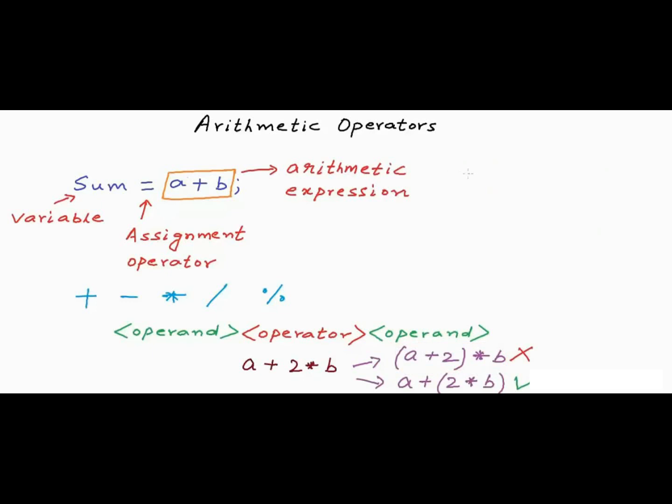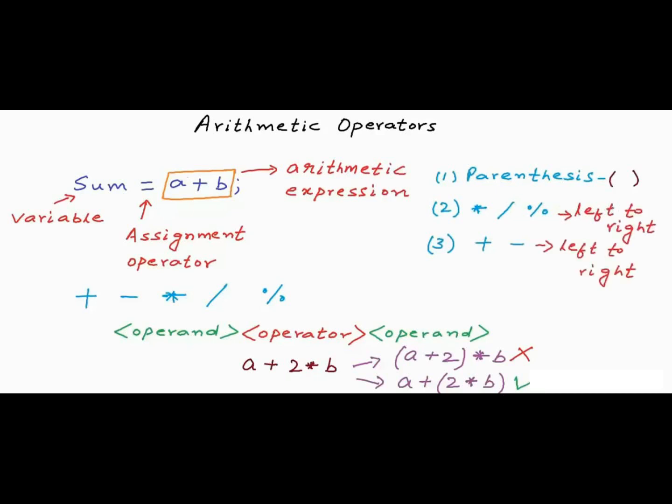In an arithmetic expression, first preference is given to parentheses. Next in priority are multiplication, division and modulo, and then come addition and subtraction. If there are two operators of the same priority, then they are executed from left to right.